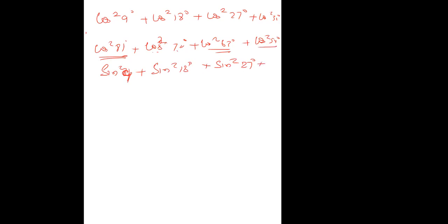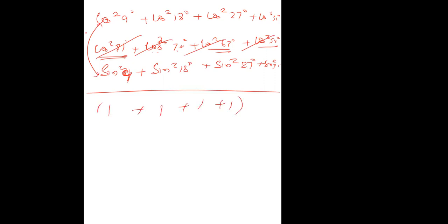And cos square 54 is the same as sin square 36 degree. If I convert all this, what is the sum? 1, 1, 1, 1, right? And one was left, that was cos square 45 degree. What is the value of cos 45? 1 by root 2. And the square of that is 1 by 2. Just applying that.